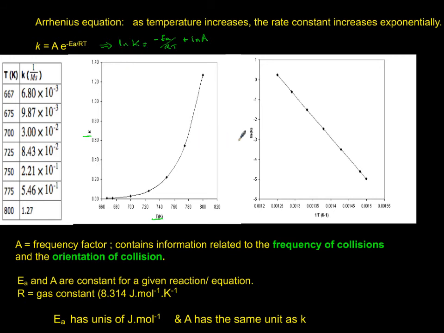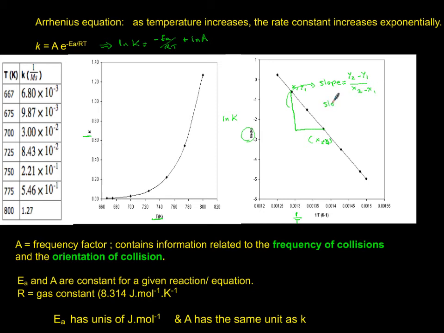But if you plot natural log of K, on the y-axis, versus 1 over T, it yields a straight line. Then if you take 2 points on this straight line, you can simply calculate the slope. So you have x1, y1, and you have x2, y2, and simply find your slope, which is rise over run, which is y2 minus y1 over x2 minus x1.